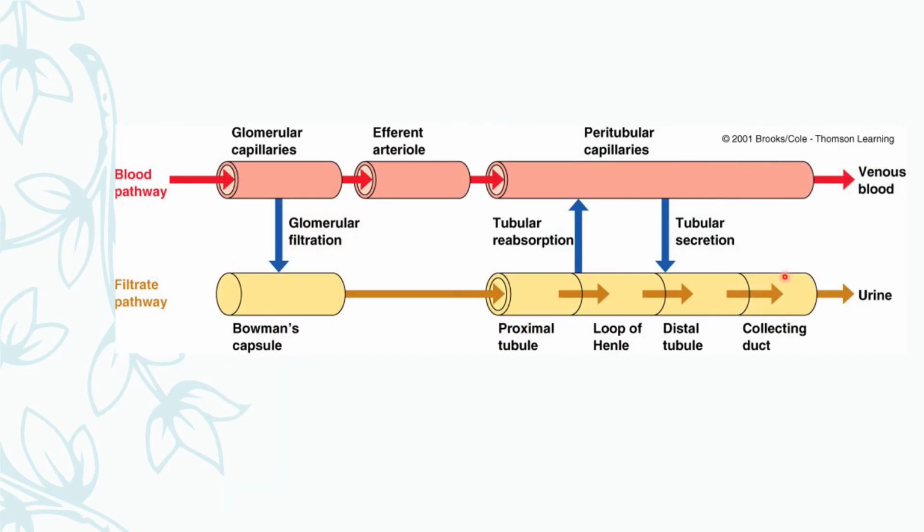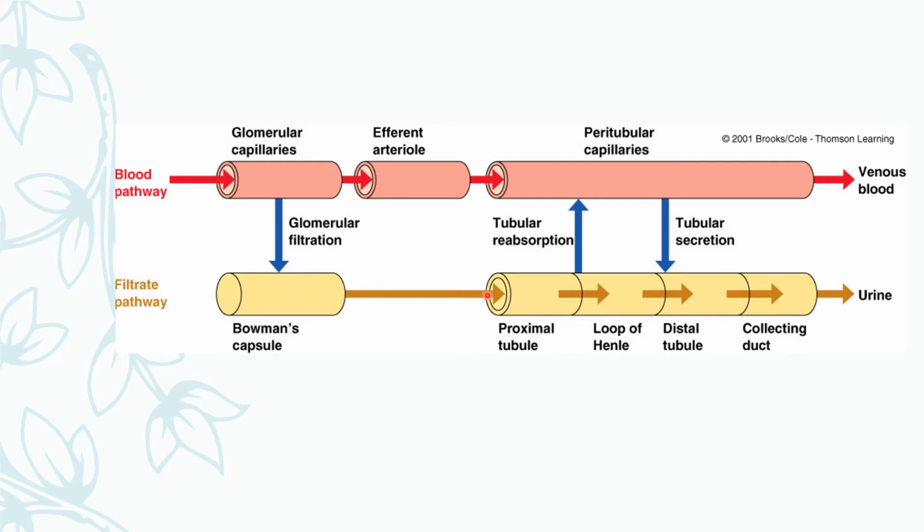So again, here you can see all three of those processes occurring. It's important that we know where they're happening within the system and which direction they're moving as well. Glomerular filtration is the first step, and that involves movement from the blood into the nephron, at the level of the glomerular capillaries into Bowman's capsule.